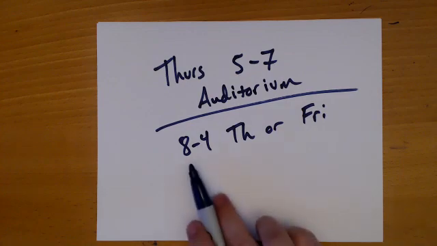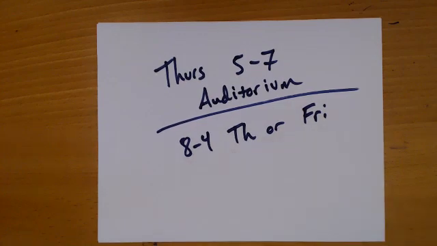If you come by between 8 and 4 Thursday or Friday, you're going to have to pick it up from Miss Hodgson, who at this point is going to kill me because I forgot to tell my entire class. So, yes, she will. There are medieval torture devices that I'm sure she can come up with.